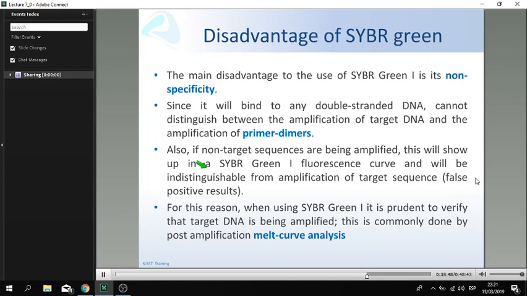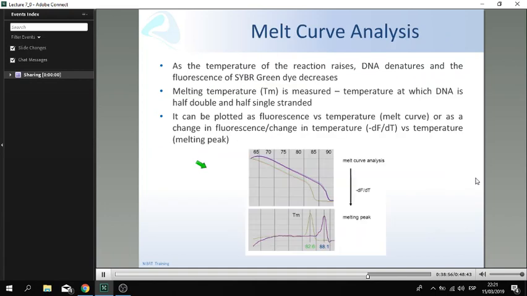So for this reason, when using SYBR Green, you need to verify the target DNA that is being amplified. This is commonly done by using melt curve analysis. What that means is, once you go through all of your 40 cycles, then you heat your product again and you measure the melting temperature. So you measure when your product starts to melt.